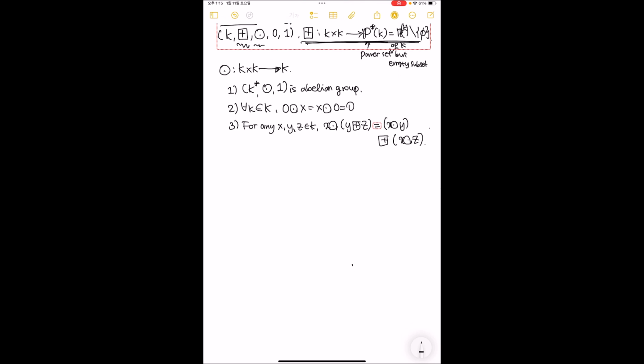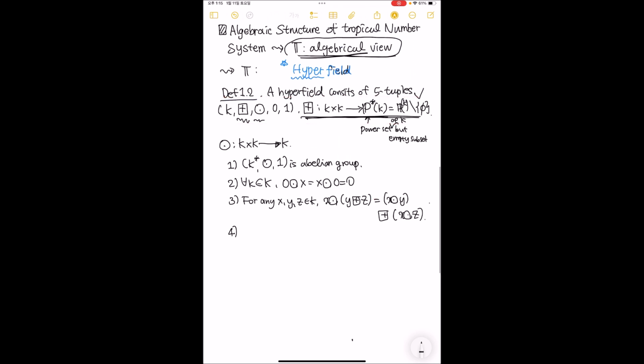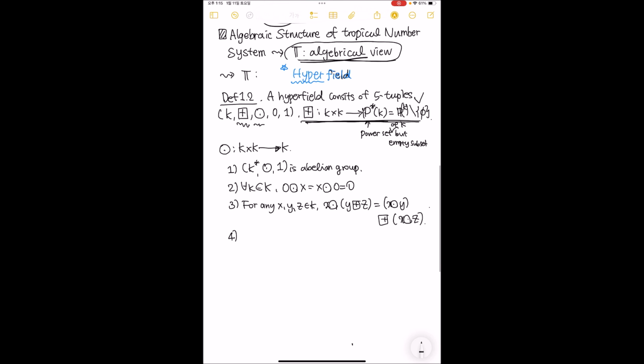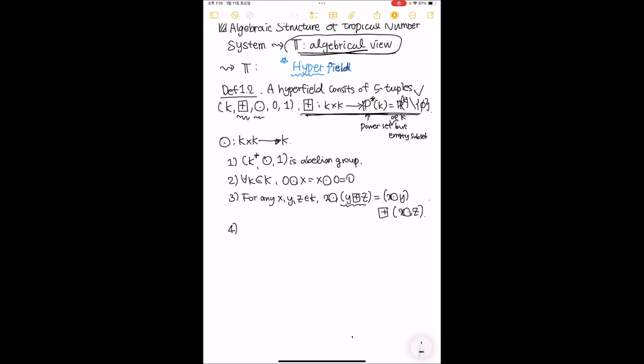That is the distribution law as you know, but when you compute this and these guys and these guys, the result is a subset, an element of the power set of K. Remember this property.